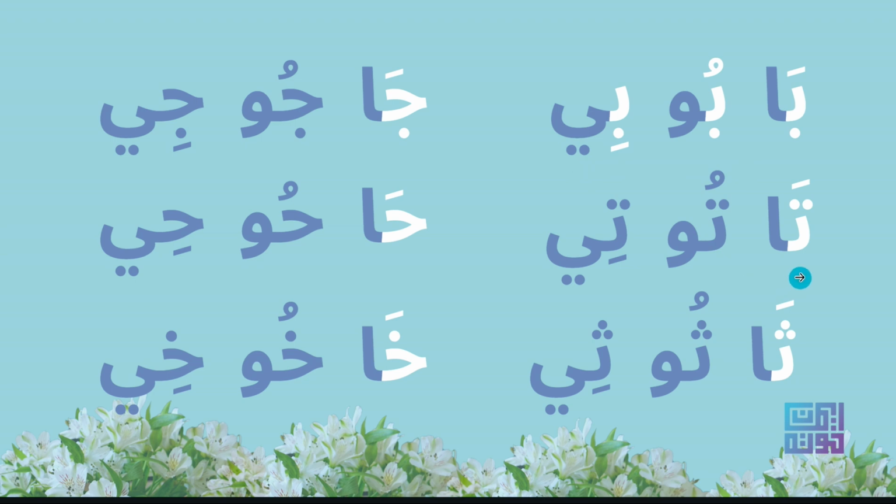Same thing here. What is this letter? It's a ta. Let's pronounce it ta, tu, ti. Instead of ta, tu, ti, short pronunciation, when I find a fatha with an alif, or a waw or a ya after it, then we will pronounce it taa, tuu, tii.